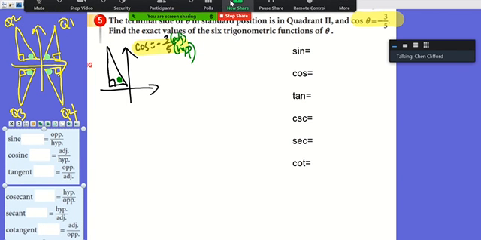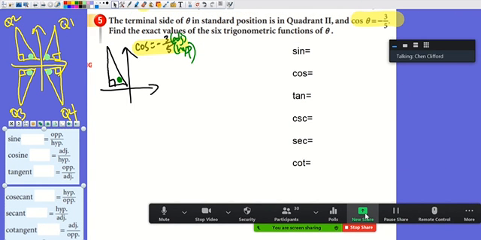Adjacent to the green dot is going to be 3. Hypotenuse to the green dot is 5. Well, I should just say hypotenuse in general is going to be 5. Hypotenuse never changes.